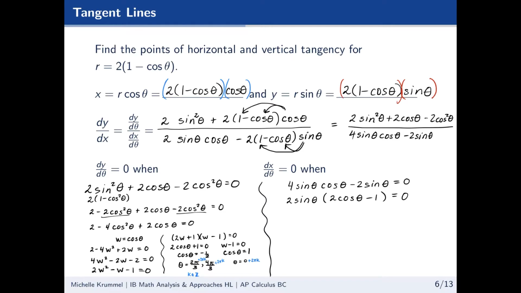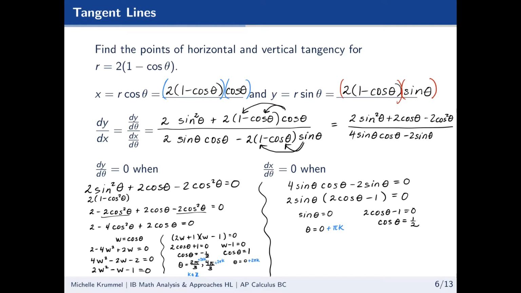Using zero product property, this gives us sine theta equals 0, or 2 cosine theta minus 1 equals 0. So cosine theta equals 1/2. Sine of theta equals 0 at 0 and pi and 2 pi and 3 pi, etc. So at 0 plus multiples of pi.